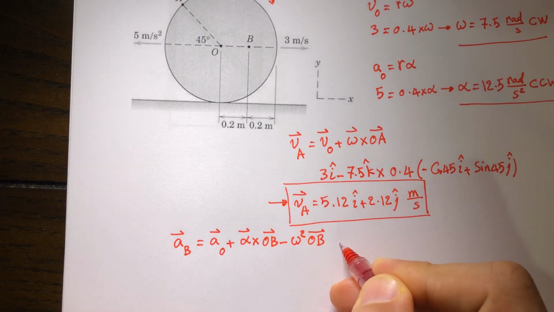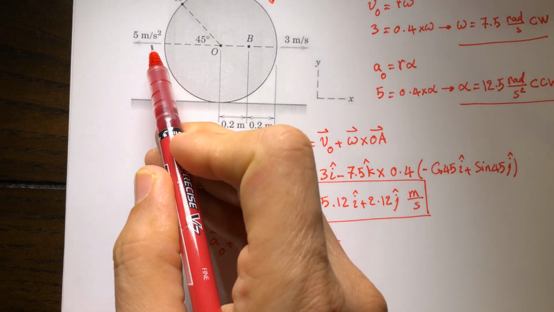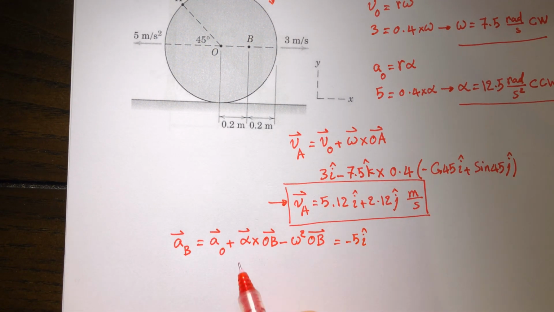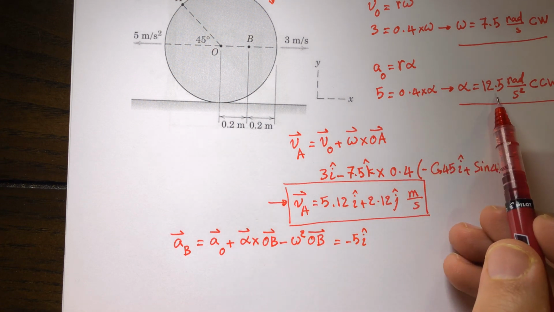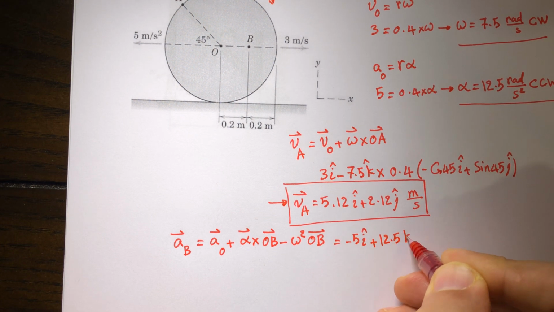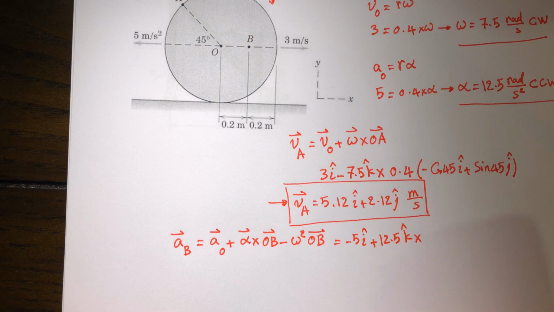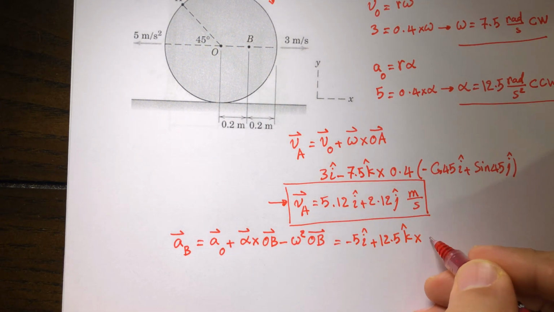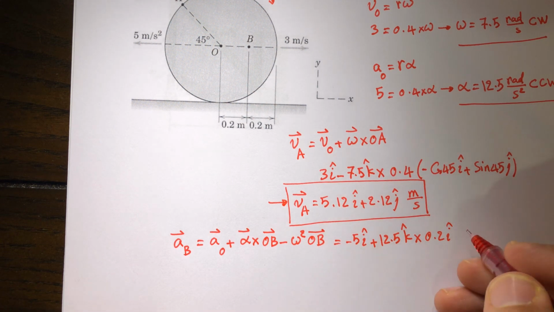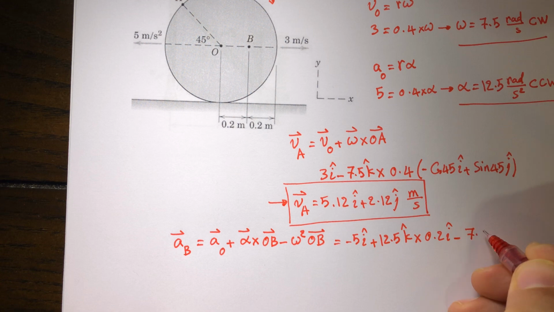So AO is 5 in the negative I direction, so negative 5I. Alpha is 12.5 counterclockwise, so positive 12.5 K hat. Cross product to OB, and OB is just simply 0.2 times I hat. And negative omega squared, negative 7.5 squared times OB, which is again 0.2 times I hat.